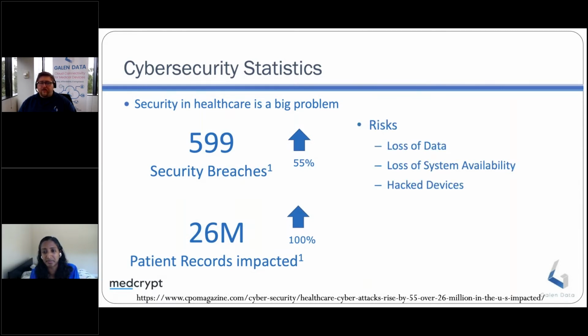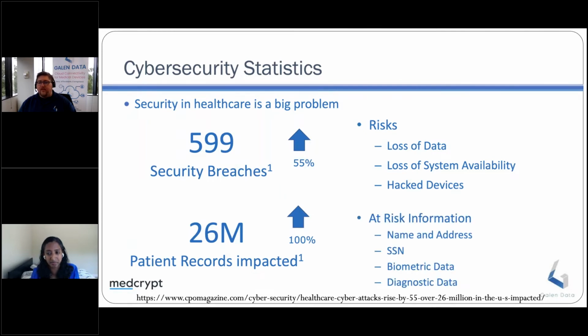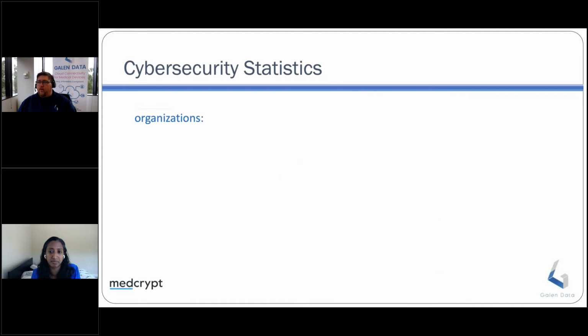So the risks of that, obviously loss of data, loss of system availability, hacked devices, and you have a bunch of information at risk, information that's protected under HIPAA and various other laws that govern that. And of course, there's fines associated with all of that.